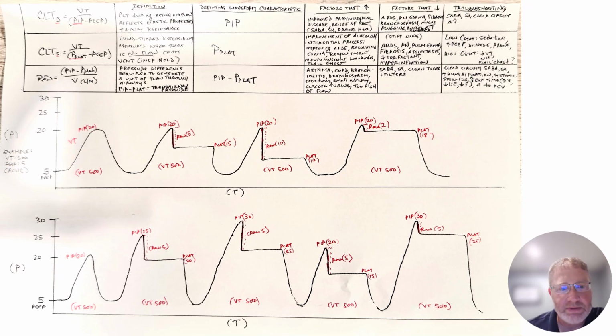So your plat minus PEEP, if the plat went down, then your static compliance went up. It's an inverse relationship. If the pressure goes up, the compliance goes down. If the pressure goes down, the compliance goes up.